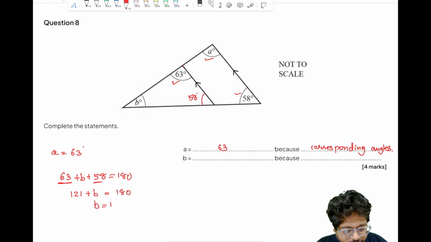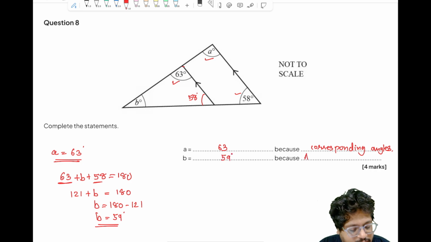So B is 180 minus 121, so that will be 59. So B is equal to 59. A is 63 and B is 59, and here the reason will be angle sum property. Clear or not?